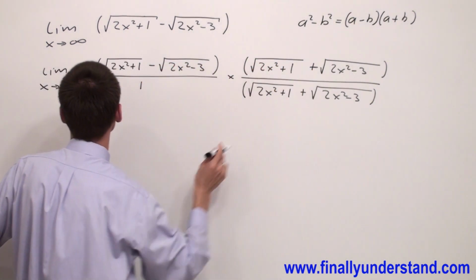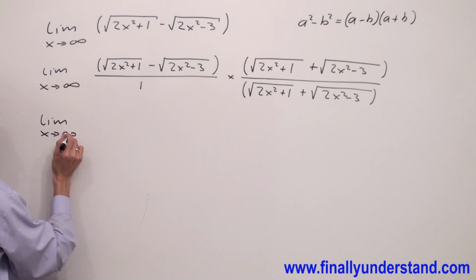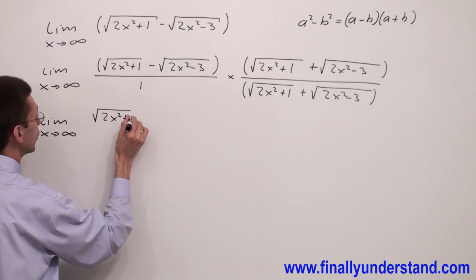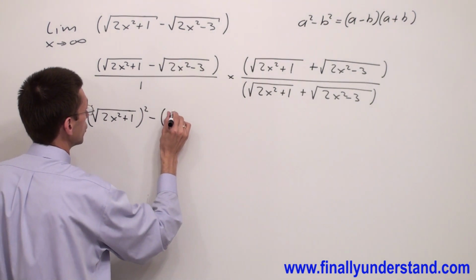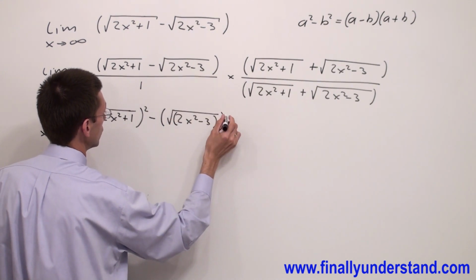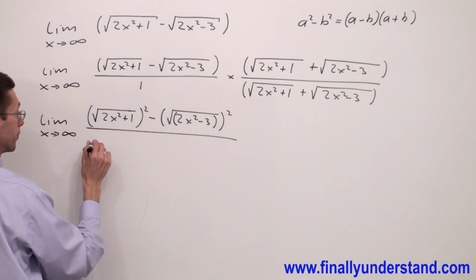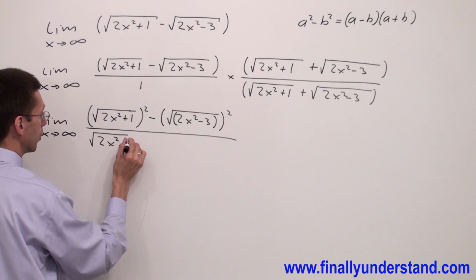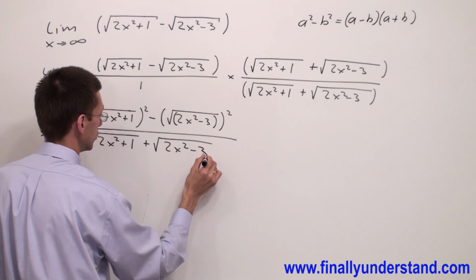I can rewrite this as the limit, x goes to infinity, of square root of 2x squared plus 1 to the second power minus square root of 2x squared minus 3 to the second power, over the denominator, which is square root of 2x squared plus 1 plus square root of 2x squared minus 3.